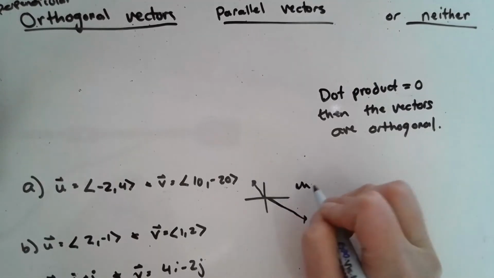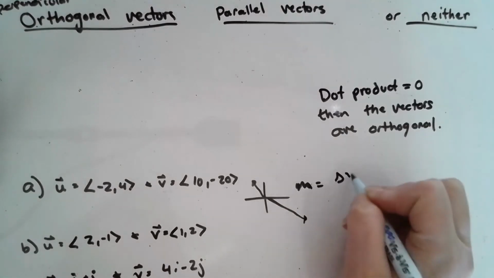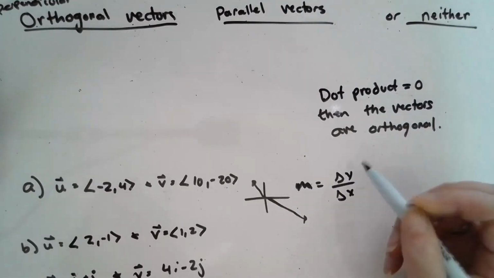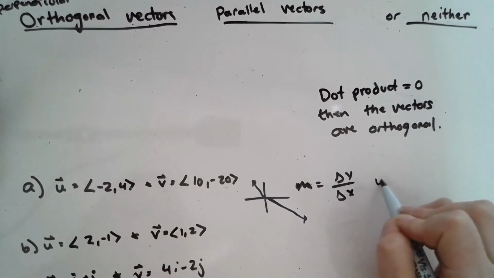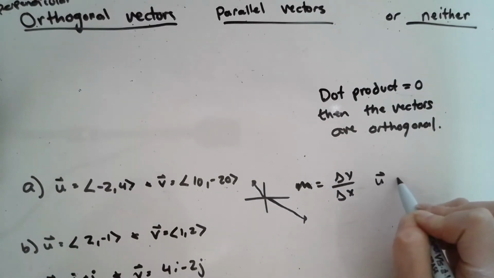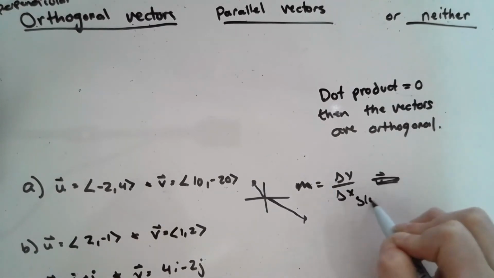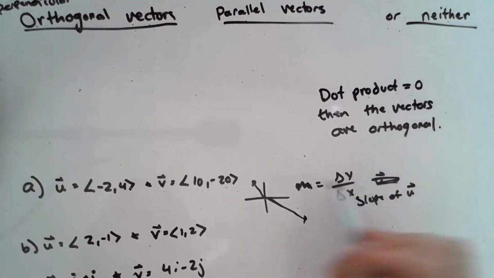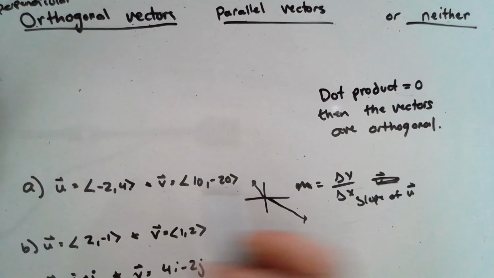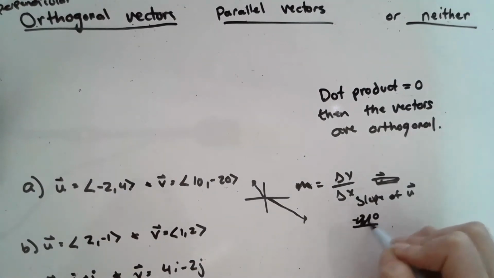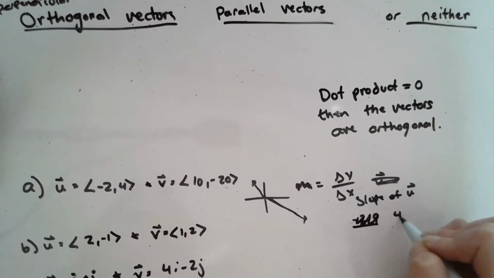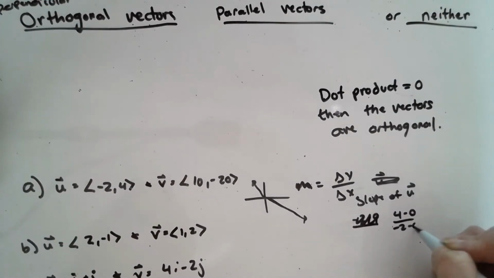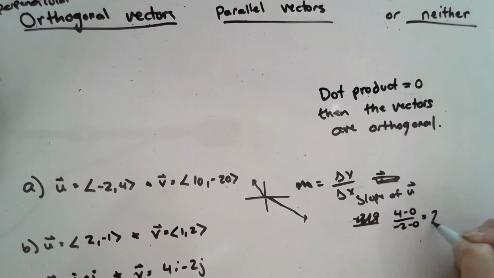So slope is the change of y over the change of x. So if I want to find the slope of vector u, I could say it's 4 minus 0 over negative 2 minus 0. So that has a slope of negative 2.